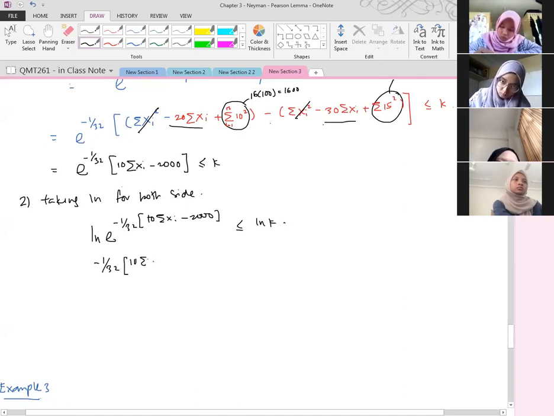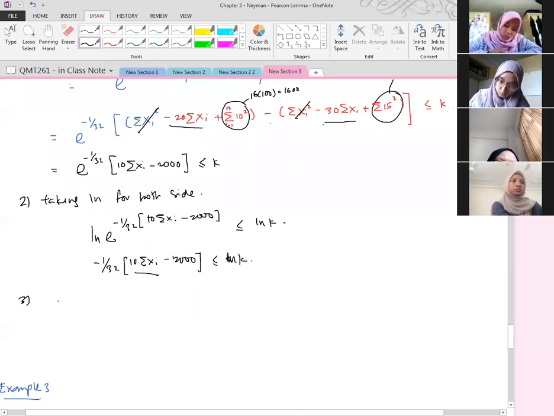10 summation of xi minus 2000, less than or equal to ln k. So now we want to keep x on the left hand side and the other values on the right hand side. So we move the value to the right hand side.